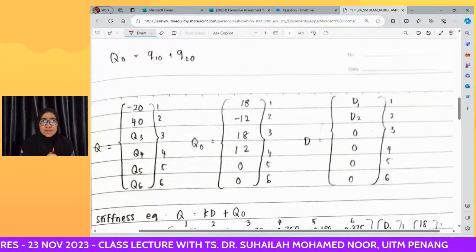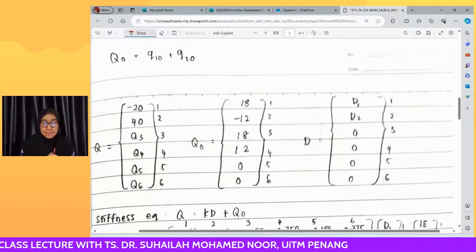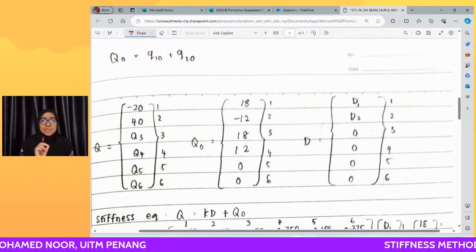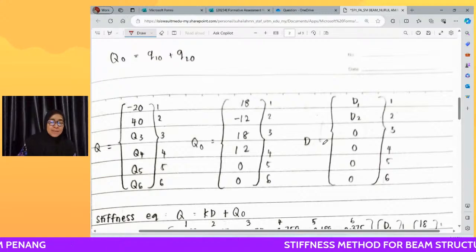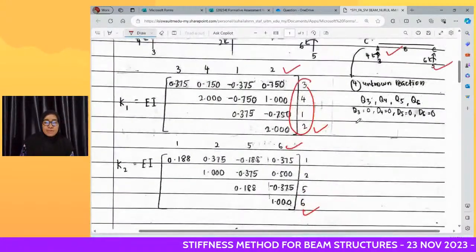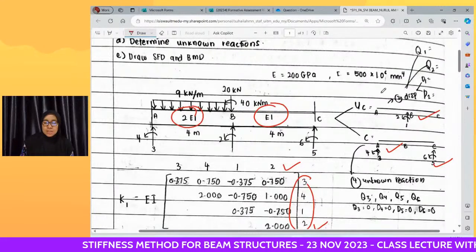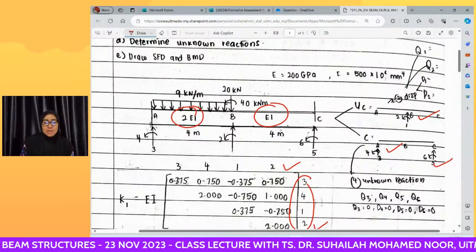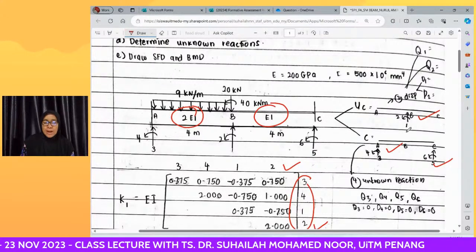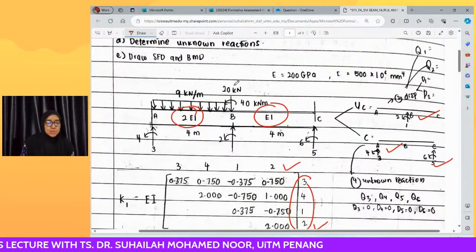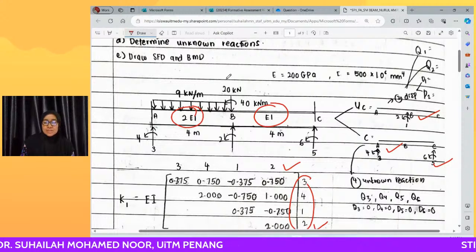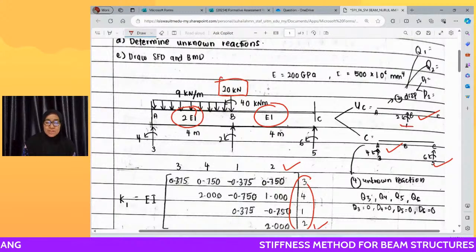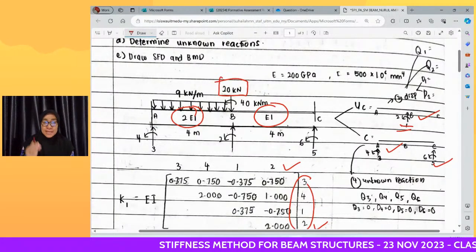One is the vertical force subjected at B, and the other is the moment subjected at B. Please refer to the unconstrained system, 1 and 2 here. So 1 refers to 20, and it is opposite to the sign convention here, so that is why we have to put negative.